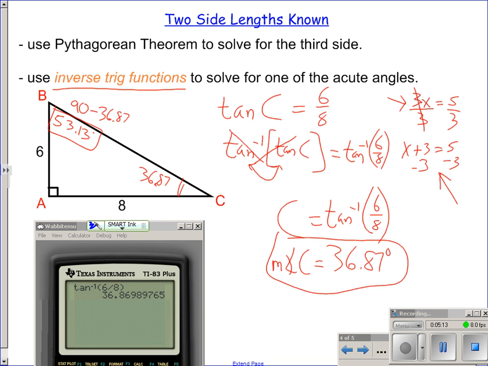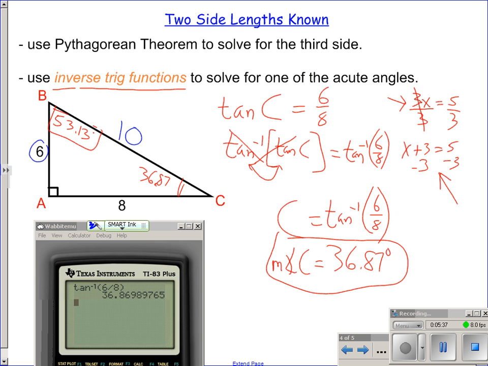Okay. And just for giggles, to find angle B, let's throw some more information in here. We're trying to solve this right triangle. So Pythagorean Theorem, 6 squared plus 8 squared equals the hypotenuse squared. Hypotenuse is 10. So to find angle B, let's say we didn't just calculate it.